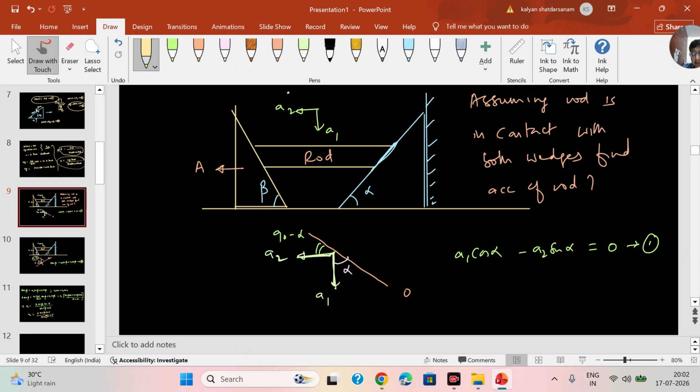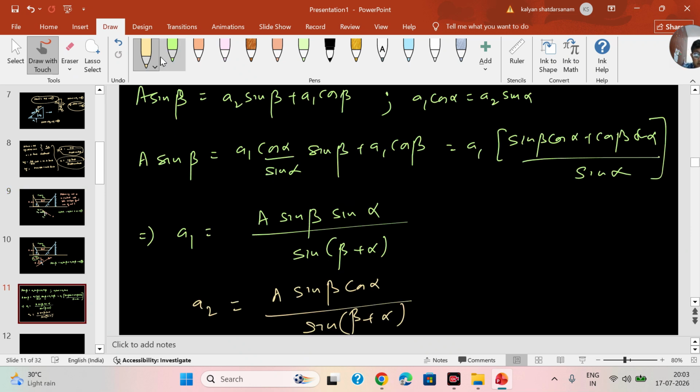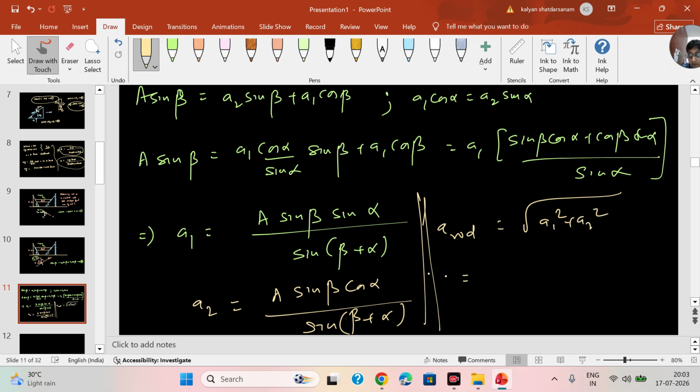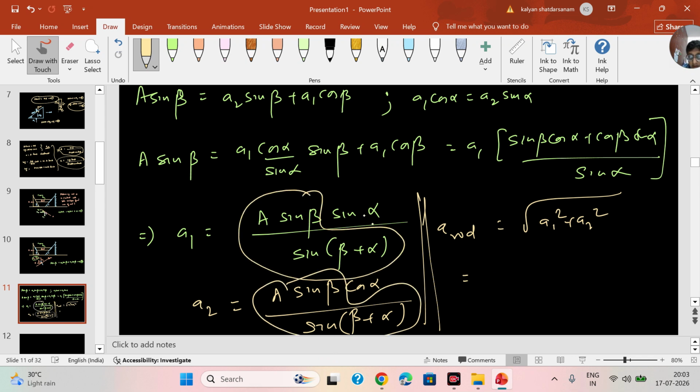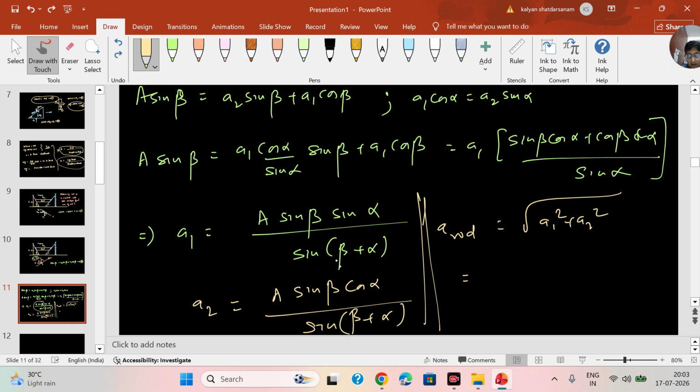Total acceleration means resultant of A1 and A2. I have assumed two components. So it is root A1 square plus A2 square. So from here, acceleration of the rod is going to be root of A1 square plus A2 square, this square plus this square under root. In that, this part is common in both the terms. Then you will be left with sine square, and if you take that common, sine square plus cos square is 1.